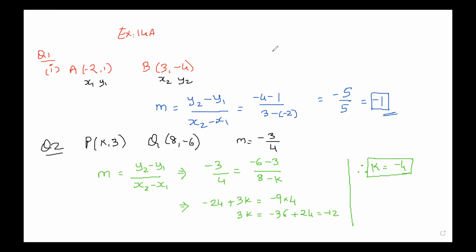Okay, can anyone say how can we solve question number 3? Without using distance formula, prove that the points A, B, C are collinear.